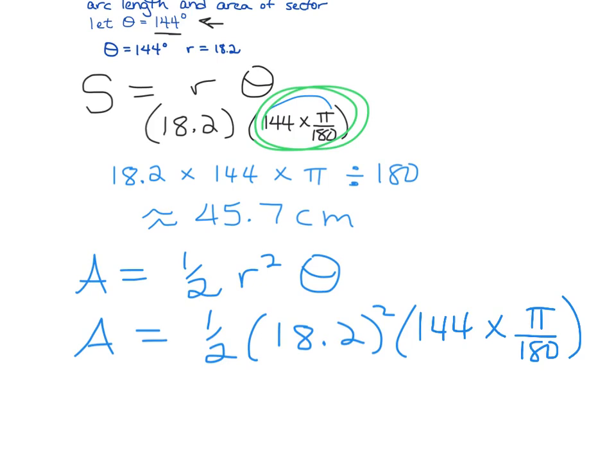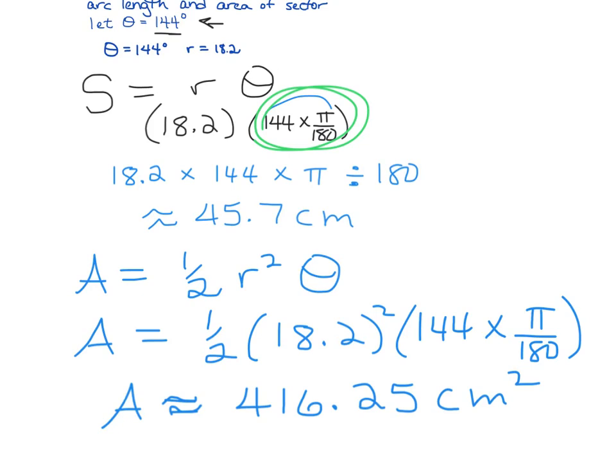Once you key all of this in your calculator, the area of that sector is approximately 416.25 centimeters squared. Remember, the units on any area, whether it's the whole figure or just a piece of it, are always squared. The arc length is going to be whatever units are given to you, and these were centimeters.